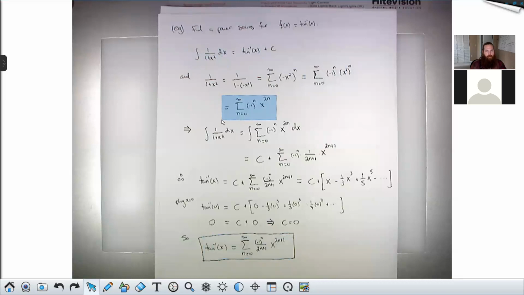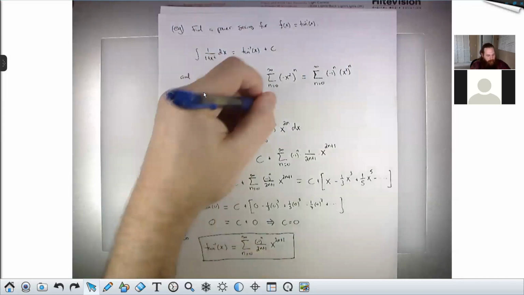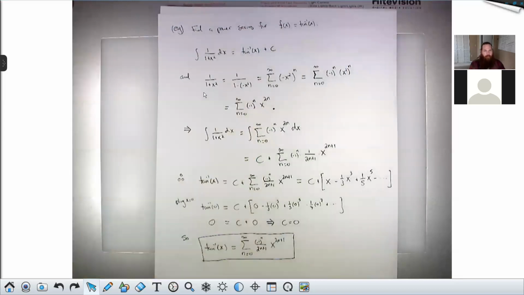This blue box here is equal to 1 over 1 plus x squared. So 1 over 1 plus x squared is this, which means the integral of 1 over 1 plus x squared is the integral of this, which is what I have here. But the integral of 1 over 1 plus x squared is arctan. So arctan is equal to that integral.